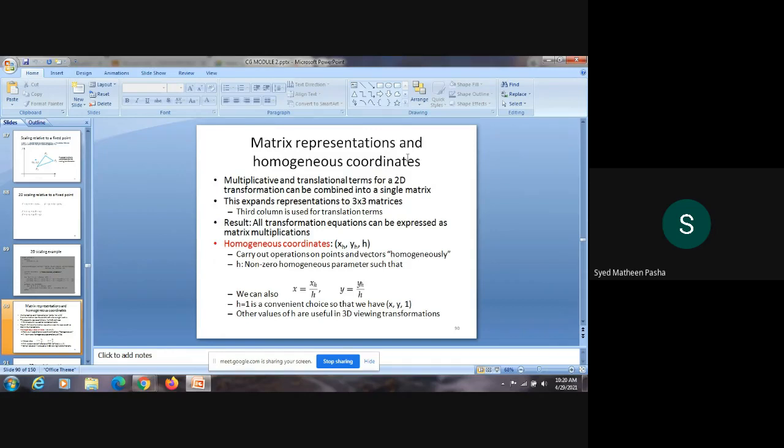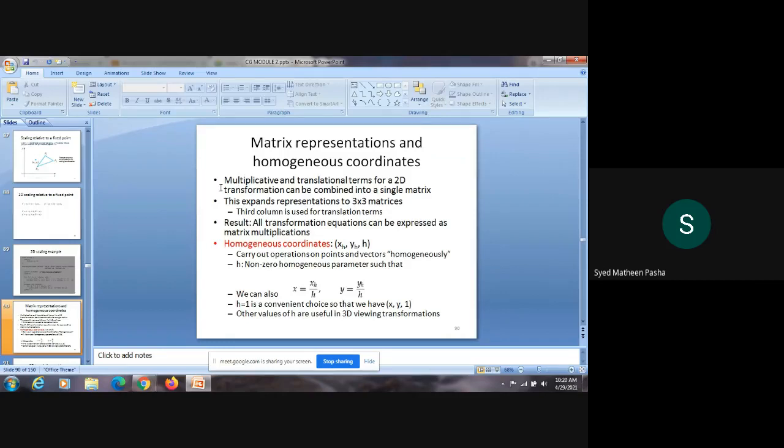In how we perform these matrix representations, we had a general format there, that is P' = M1 · P + M2, where M1 is the multiplicative term applied to the initial position P, plus the additive term M2.